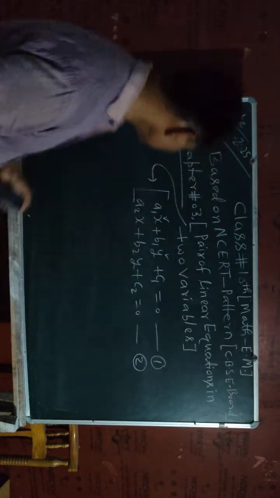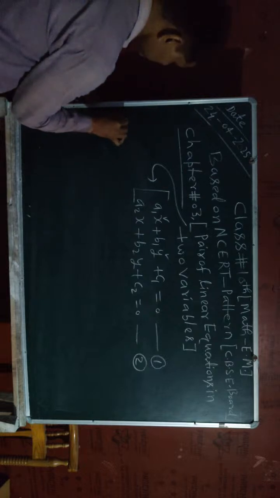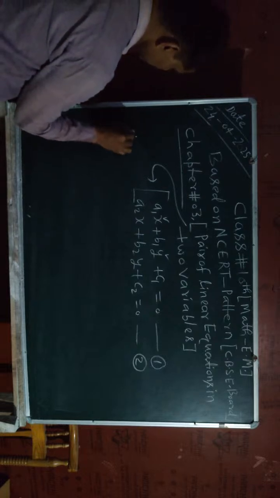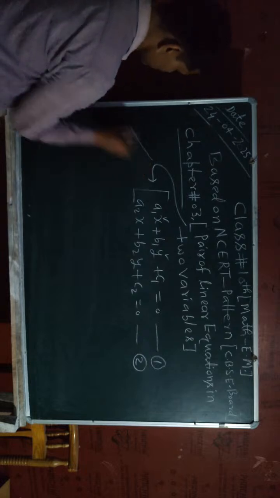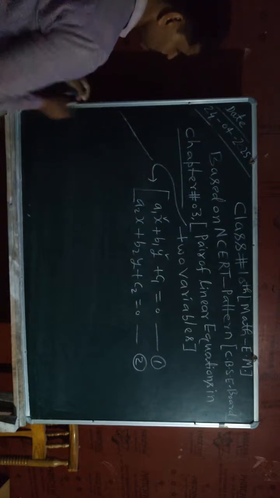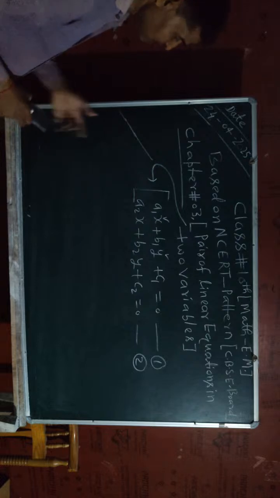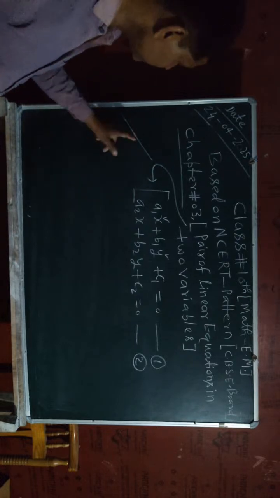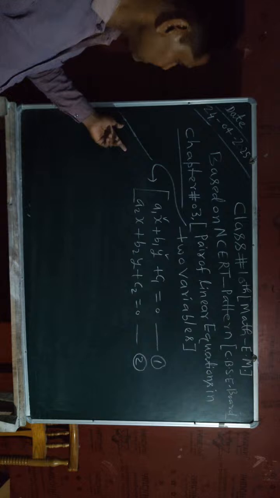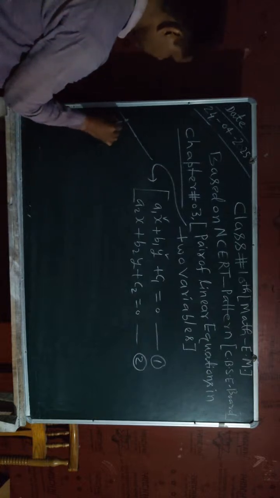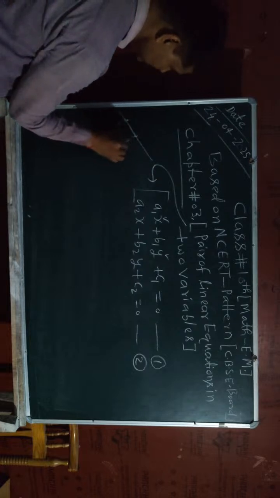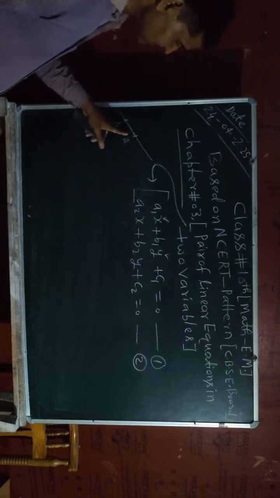If I join any two points with a scale and extend it in the forward direction and also in the backward direction, I get a path, and that path I say is the straight line. One point is here and another point is here. So this is a straight line.